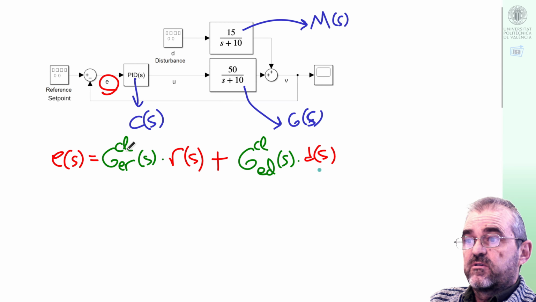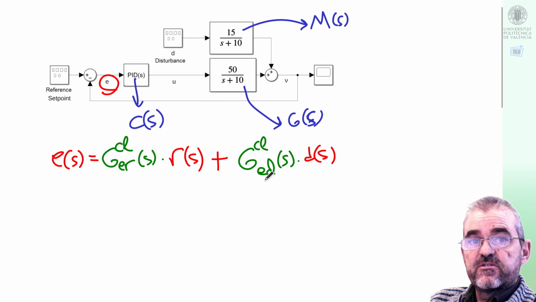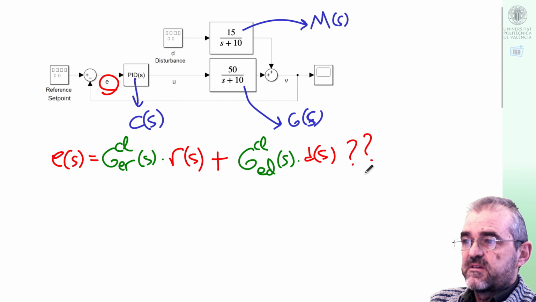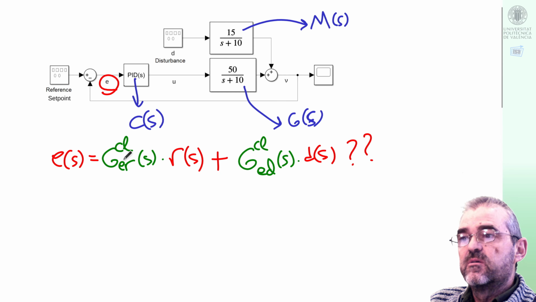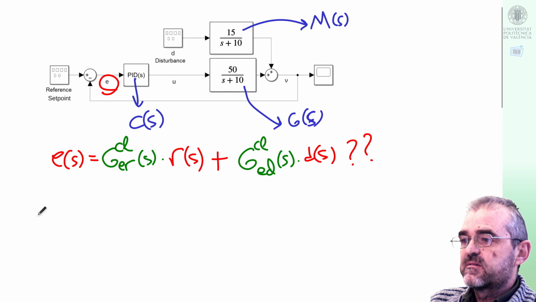And we are asked to compute these two transfer functions. Which are they? Well, if we solve for the error, as everything is in the Laplace domain, I will omit the S argument.